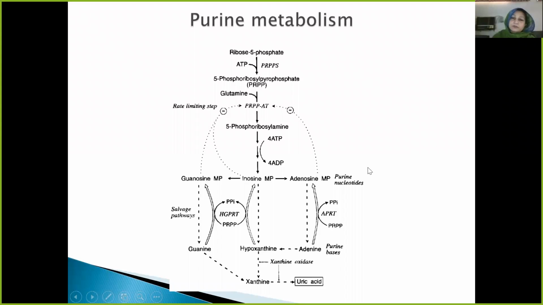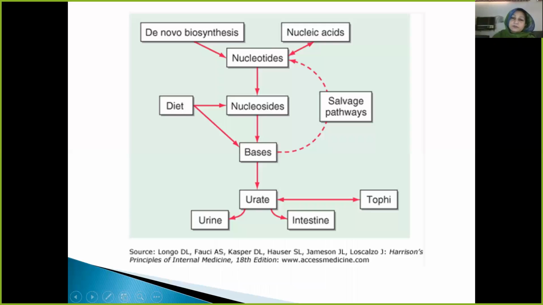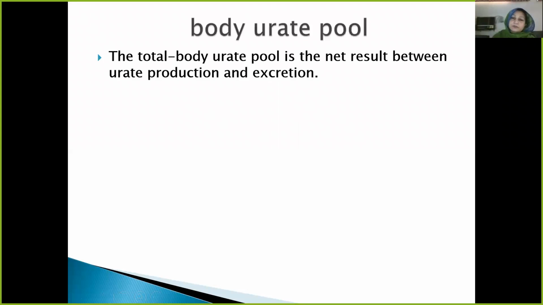A simpler diagram: the bases are converted into urates, which are eliminated through urine or intestines, and excess urates are deposited in the tissues in the form of tophi. The total body urate pool is the net result between urate production and excretion.